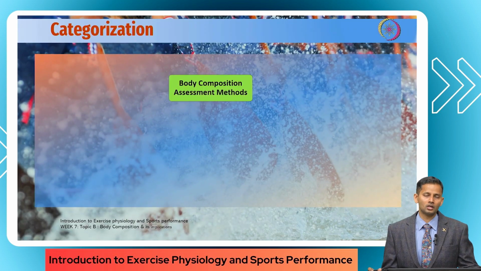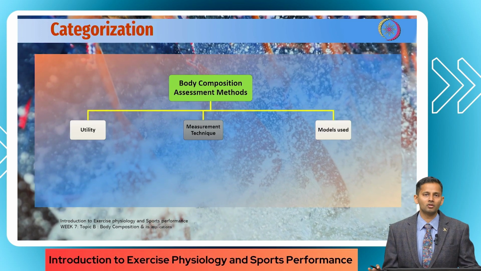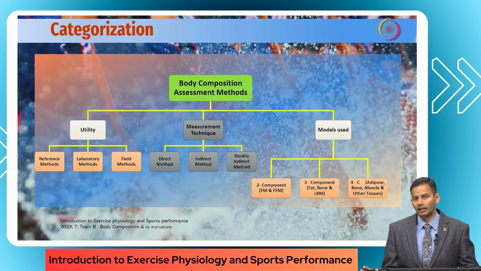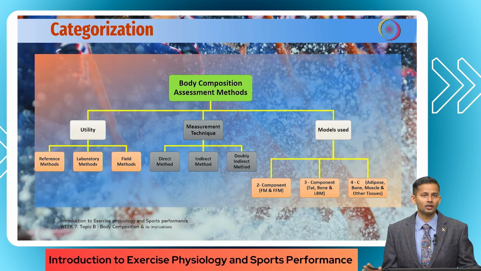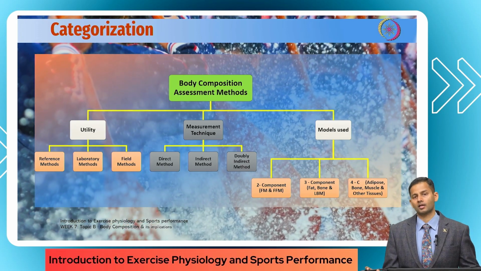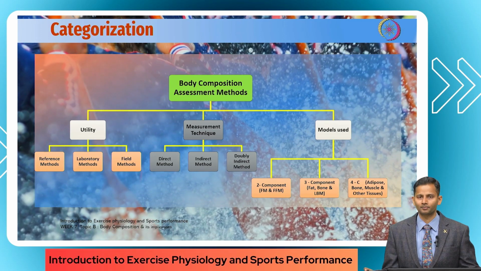So let's see how these body composition methods are broadly categorized: based on the utility, based on the measurement technique, and based on the models that are used. Based on the utility, you have categorization as reference methods, laboratory methods, and field methods.